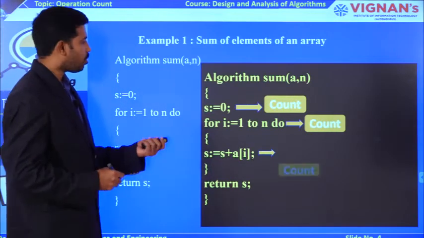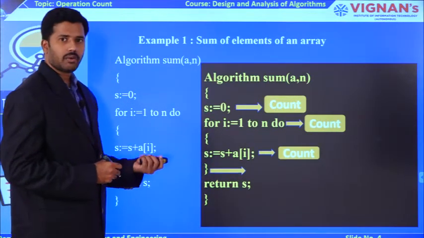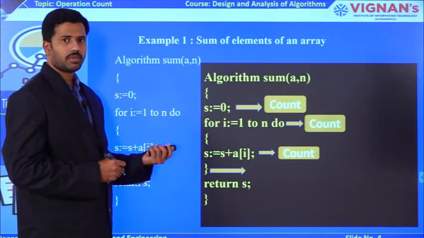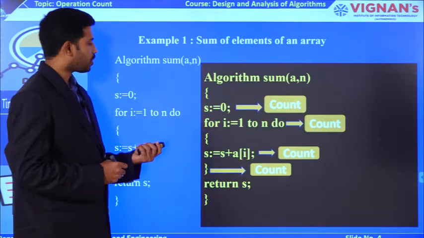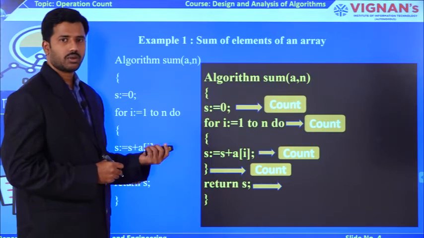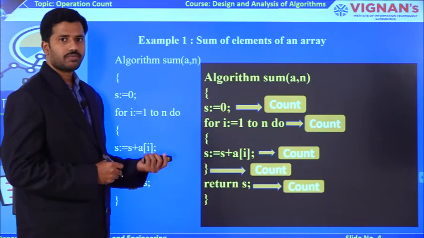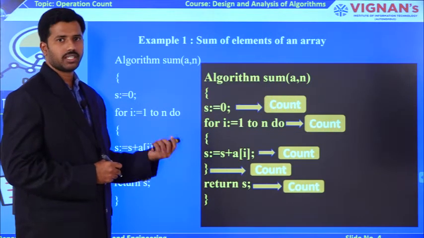The fourth count variable is for the control coming out of the for loop, and the fifth is for returning the result S. Likewise, in total you require 5 count variables for this algorithm.